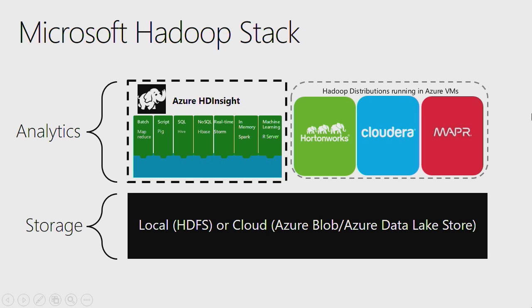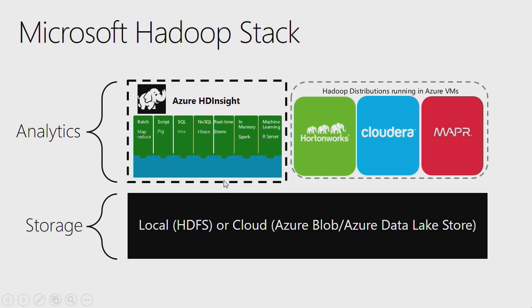You would still be responsible for choosing the vendor, choosing the right bits, upgrading, patching. Your support contract would be directly with one of your Hadoop vendors. In this case, it's more heavy weightlifting on your part because you will have to manage your Hadoop cluster.